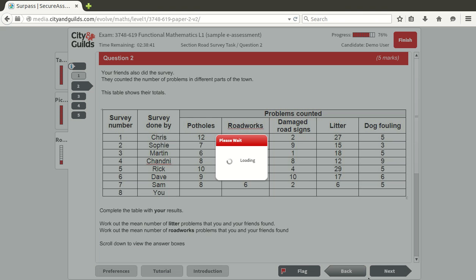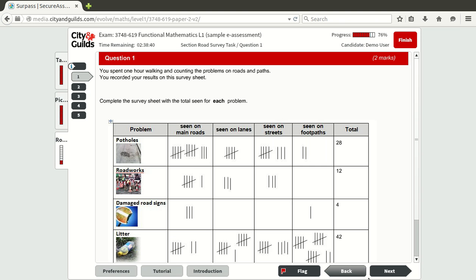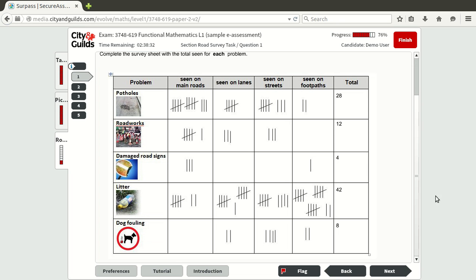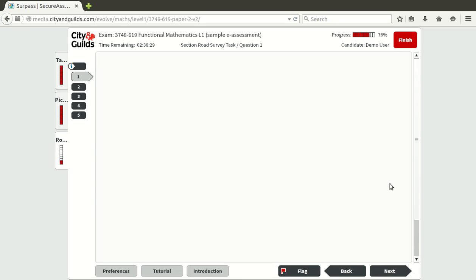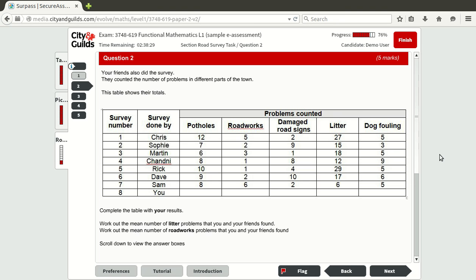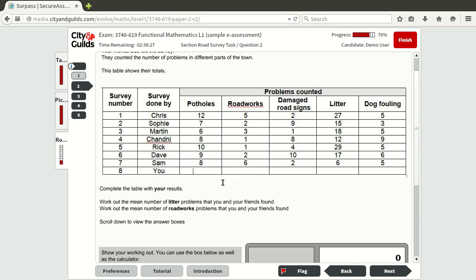So our tally. So potholes, roadworks. Potholes 28, roadworks 12. Damaged signs, I forgot already. Let me have a look.